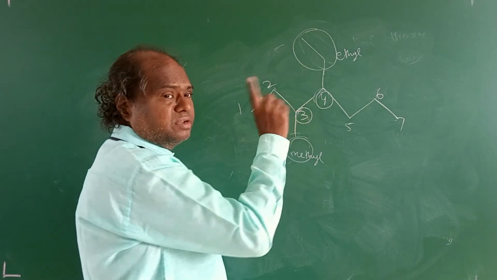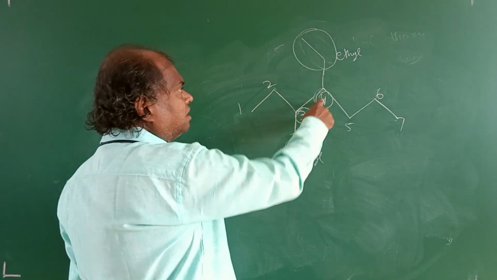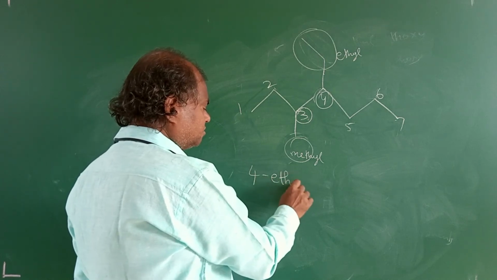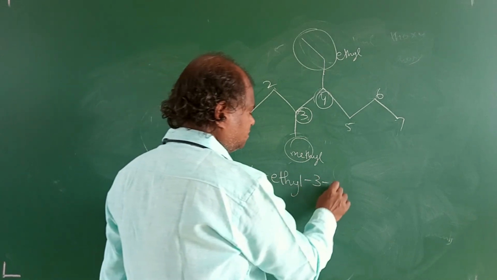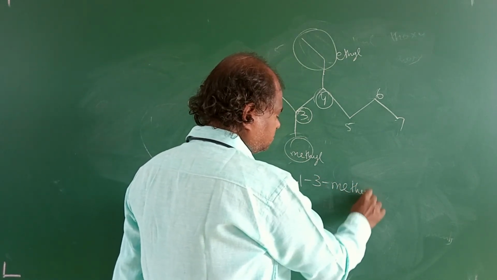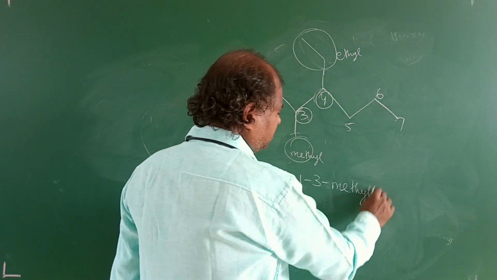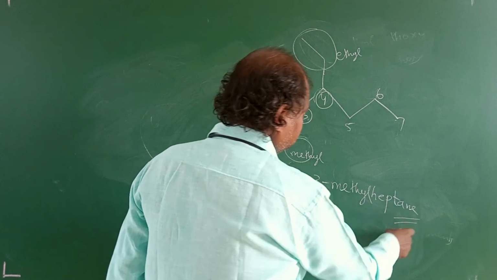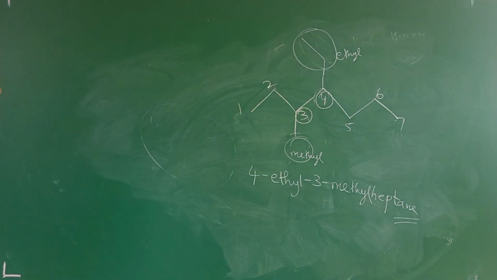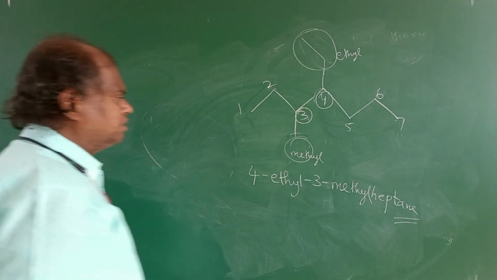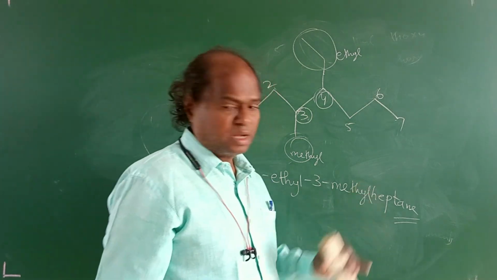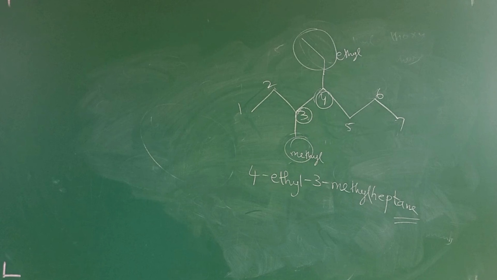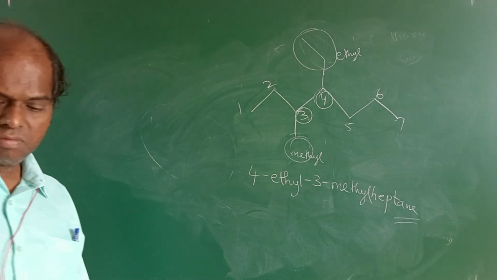Once you have decided this, then what is the name? 3-methyl. I hope you are getting it. 3 plus 4: 3-methyl, 4-ethyl. But when writing, you write ethyl first, alphabetical order. So 4-ethyl, 3-methyl. How many carbon atoms are there? 7. So what is the parent? Heptane. Heptane is 7 carbon atoms.